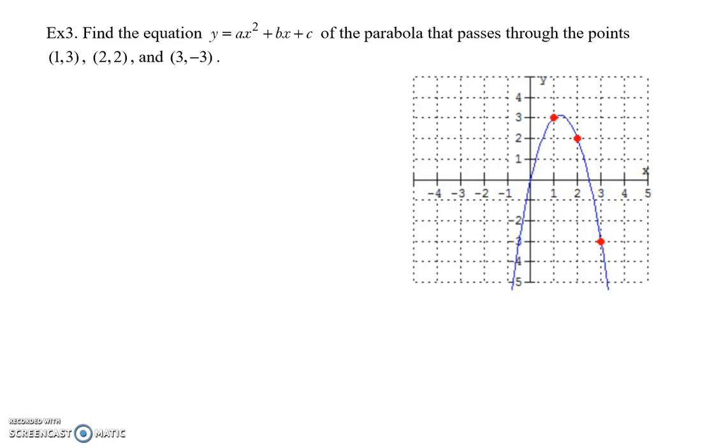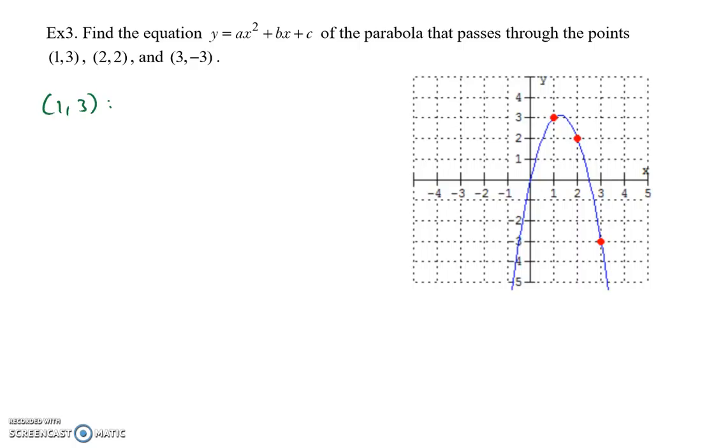Now, if a given point lies on a parabola, it means that for that given pair x and y, the equation should be satisfied. So if we take the point (1, 3), and we know that it lies on the parabola, then it also satisfies the equation y equals ax squared plus bx plus c.